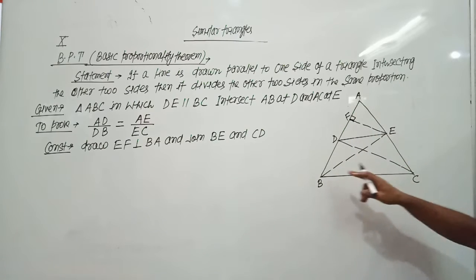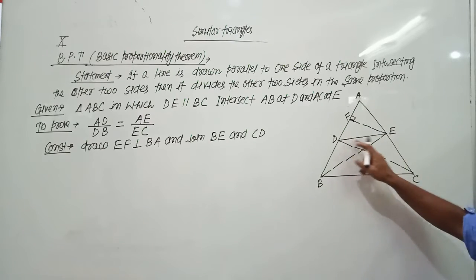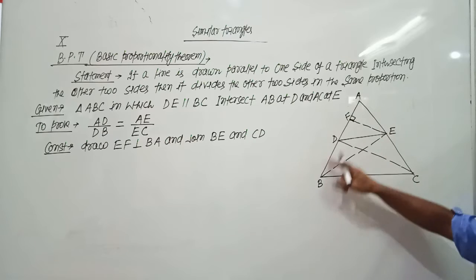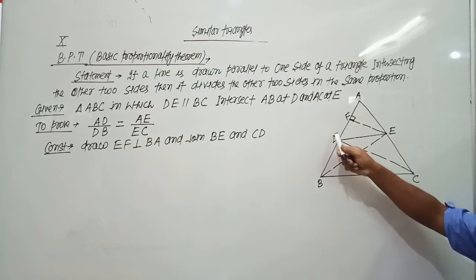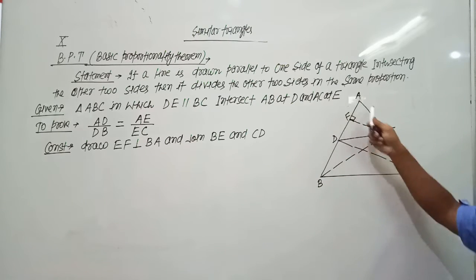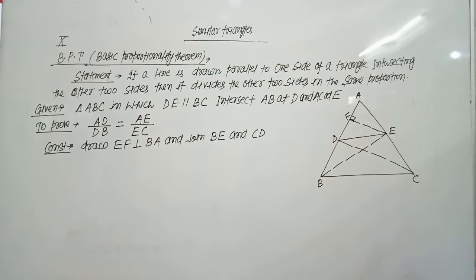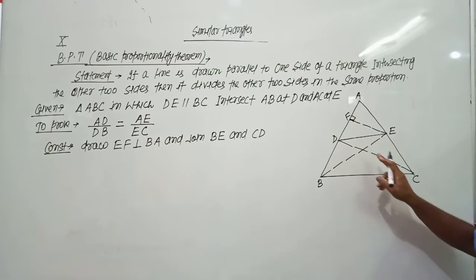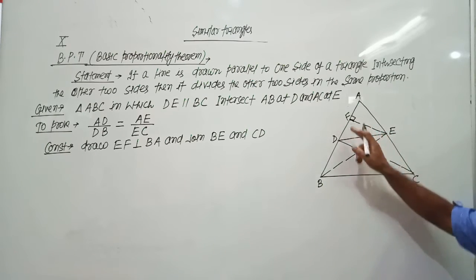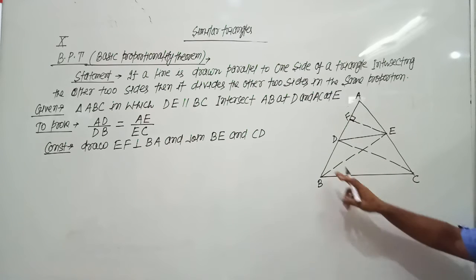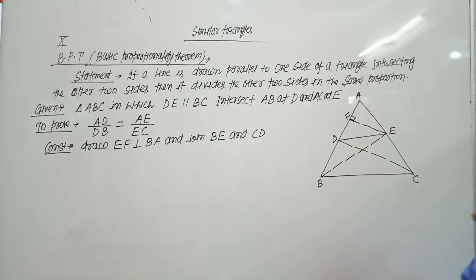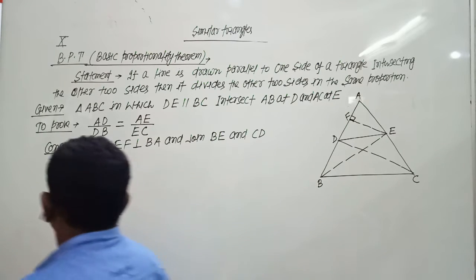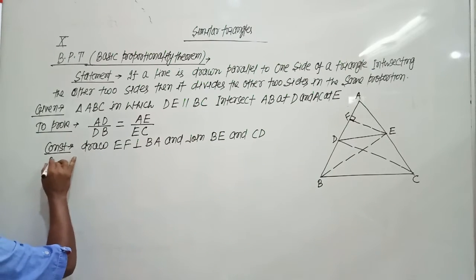So given condition was triangle ABC in which DE is parallel to BC intersecting AB at D and AC at E. To prove AD upon DB equals AE upon EC. Then there was construction required: draw EF perpendicular to BA and join BE and CD. Now the proof of this theorem.